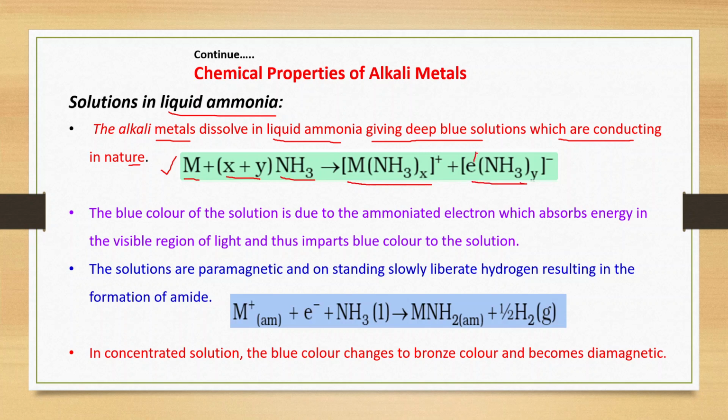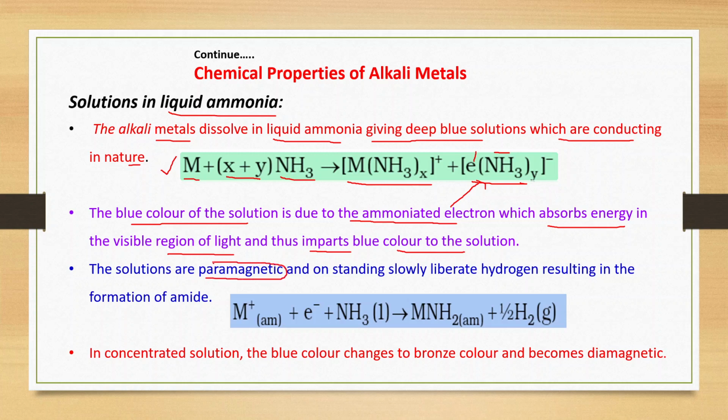This is the electron, and ammonia in this is a solvent. So the blue color of the solution is due to the ammoniated electron, which absorbs energy in the visible region of light and thus imparts blue color to the solution.